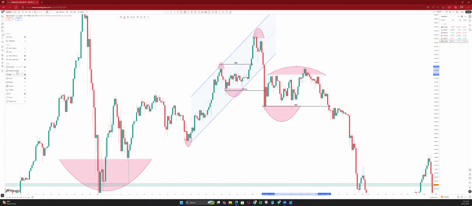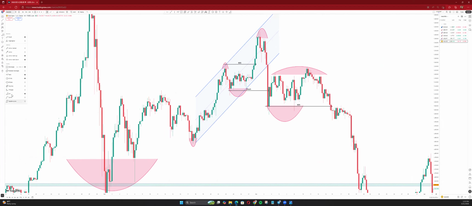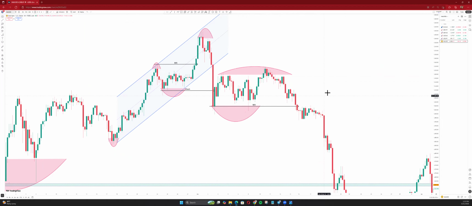Let me find it. I think the spotlight sign is covering it. Yeah, so this is the ARC tool. All right, so this is what it looks like.